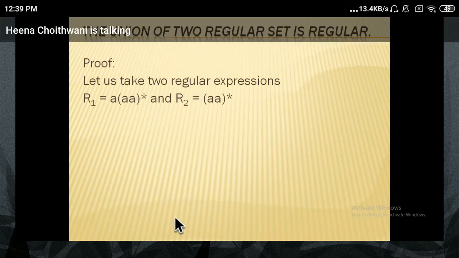See, A is fixed. Now we have another set which is nothing but the closure of AA. In the closure of AA, you will be having all possible strings of A of even length, right? So AA with A will become 3 A's. 4 times A will become 5 A's. So can we say R1 will have all these strings whose length is odd?